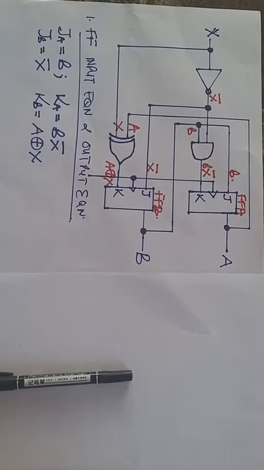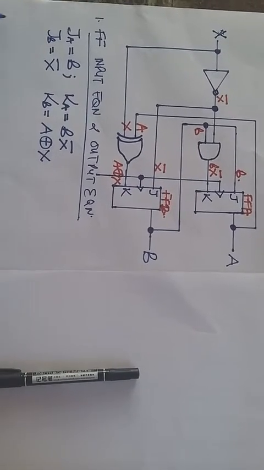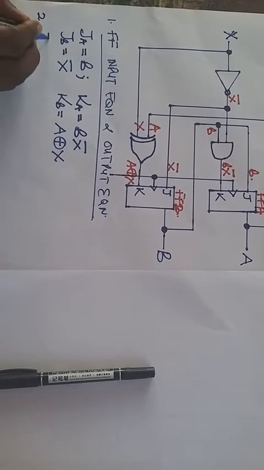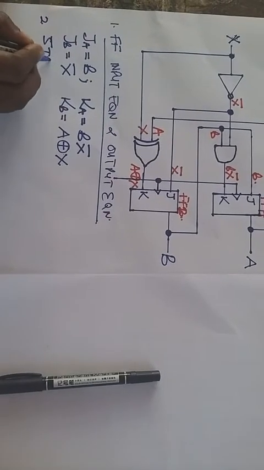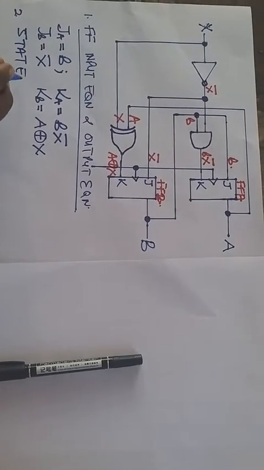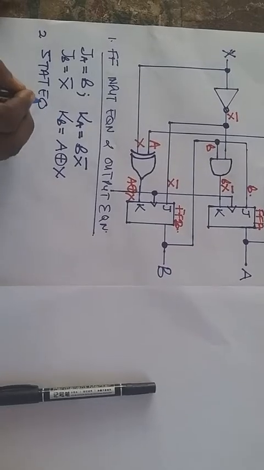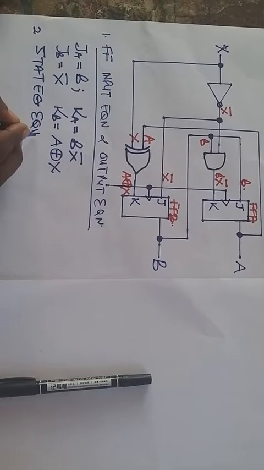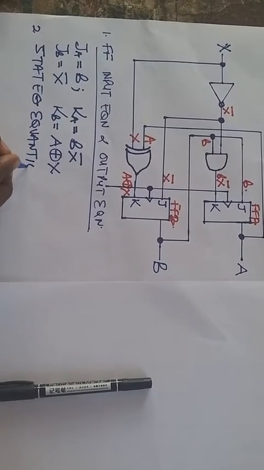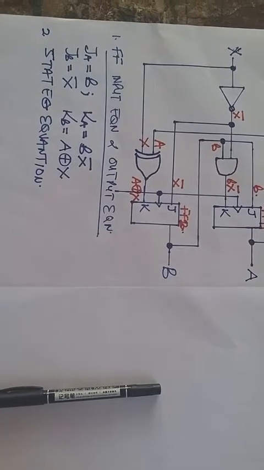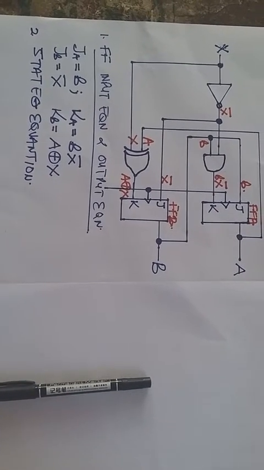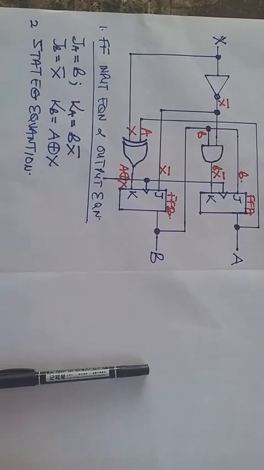The next thing we do is to write the state equation. That is the next thing we do, and we are using JK flip-flops.